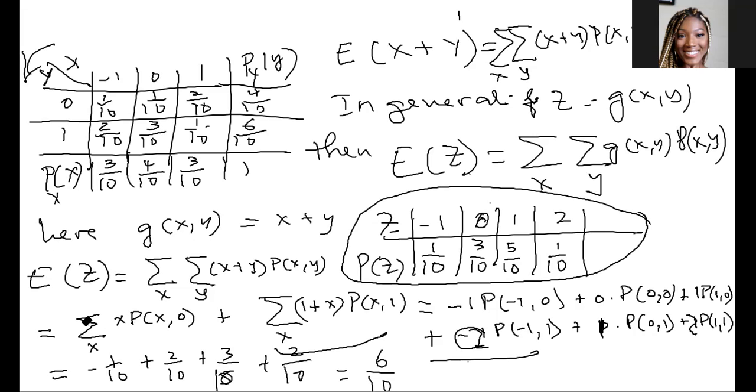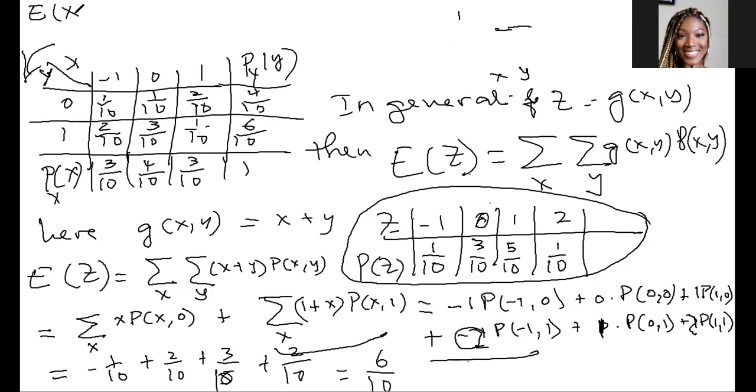Let's do x times y. Before we do x times y, I want us to do E of x here. E of x will be -1 times 3 over 10.